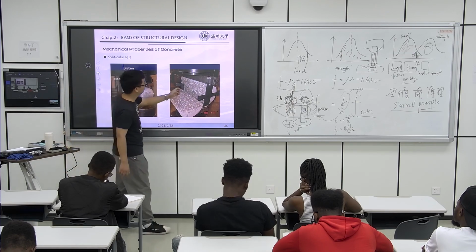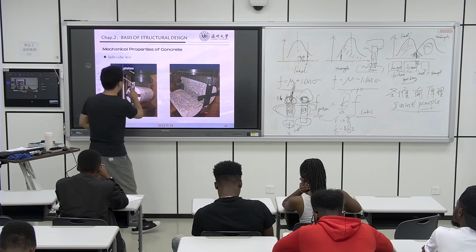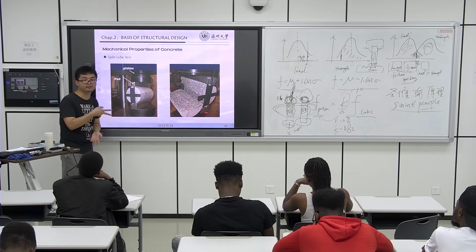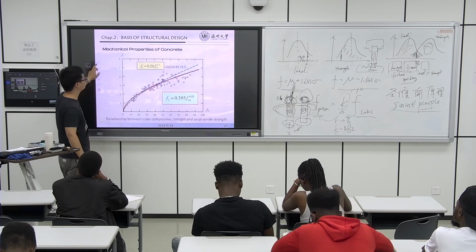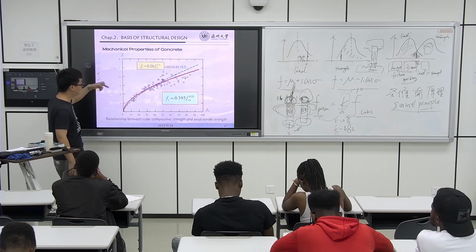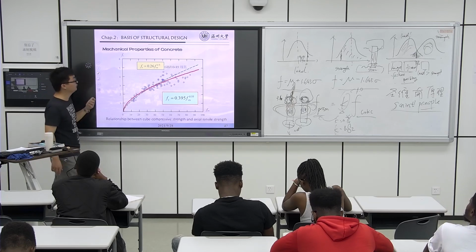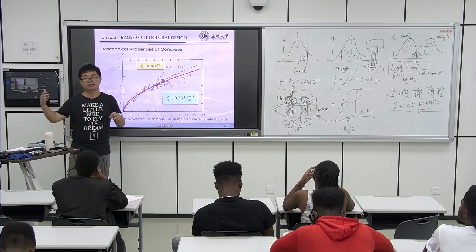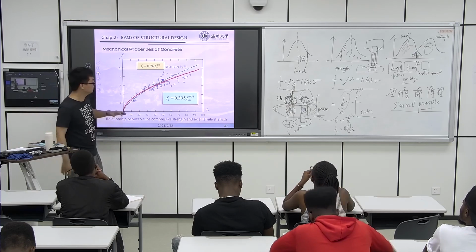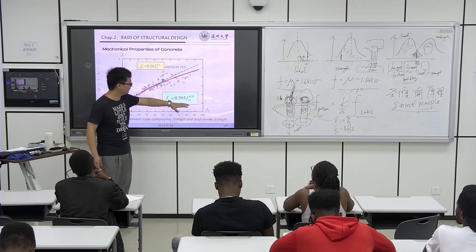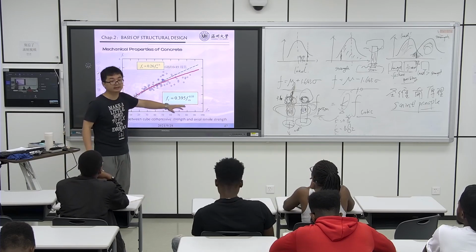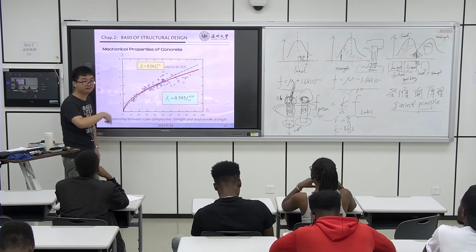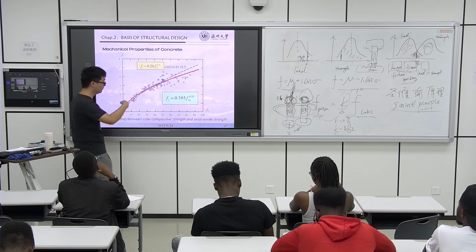Use the metal bars, just like scissors, to apply force on the specimen. And we built the relationship between the axial tensile stress and the split cubic test. The formula is listed here. They are not linear, right? They are a curve, a non-linear curve.